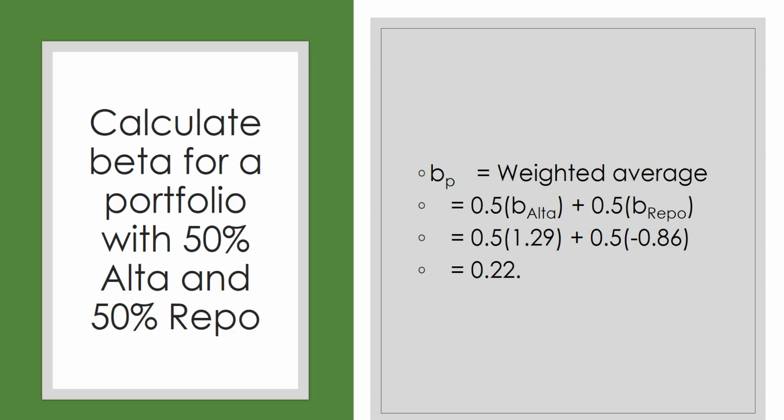So let's calculate the beta for our portfolio. To calculate the beta for our portfolio, it's simply the weighted average of the individual securities' betas. So it's a real simple formula to use.